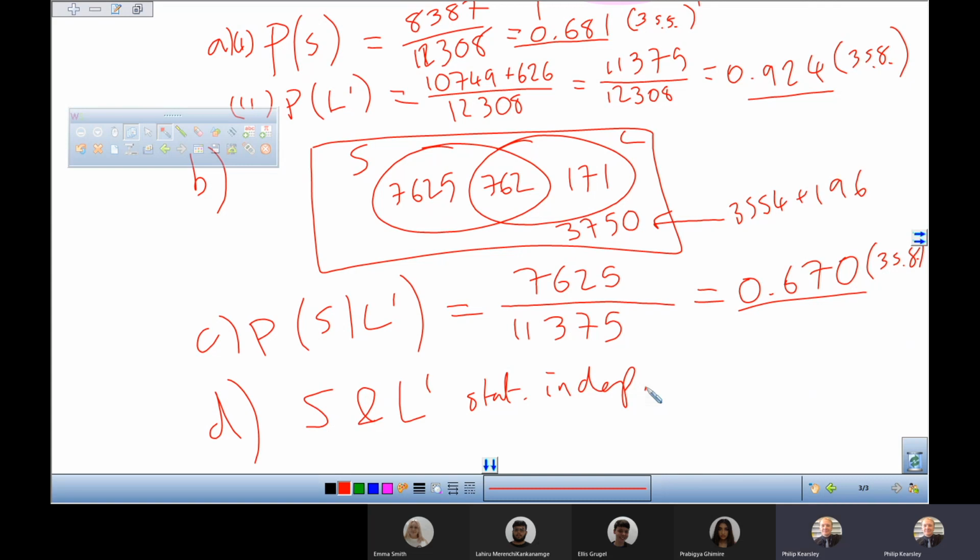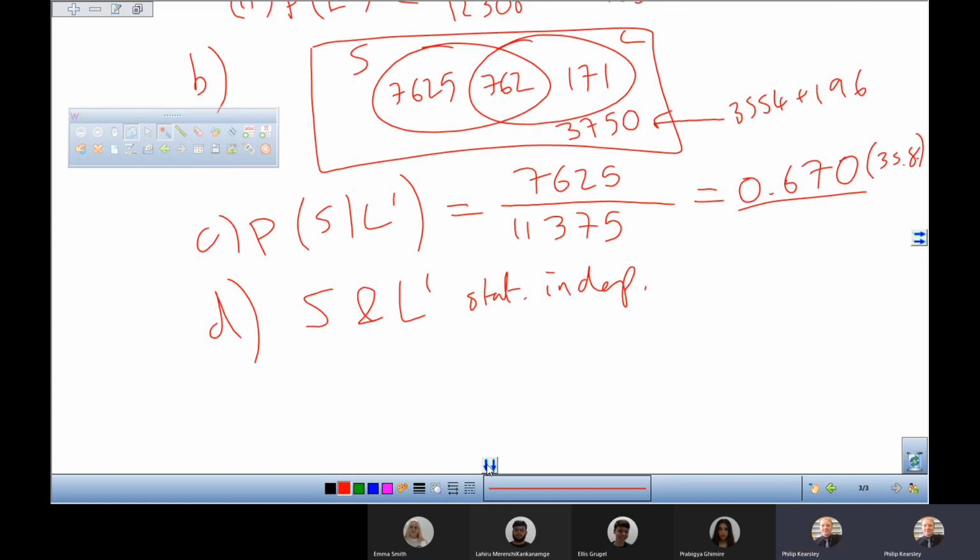What's the definition of statistical independence? Maybe look back at your notes from this morning. A and B. Is P(A and B) equal to P(A) times P(B)? That's what we're hoping is true. That's the question we need to check.